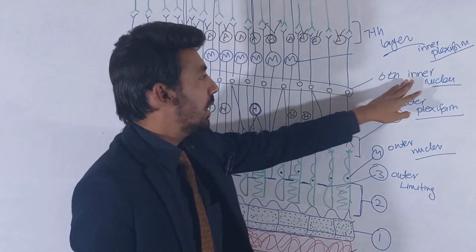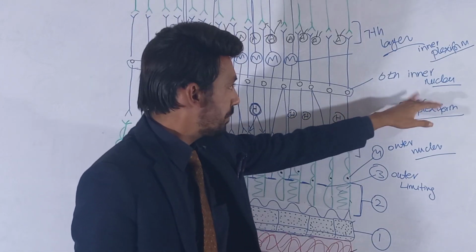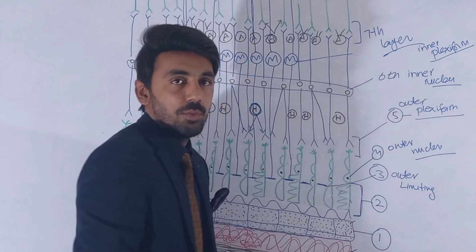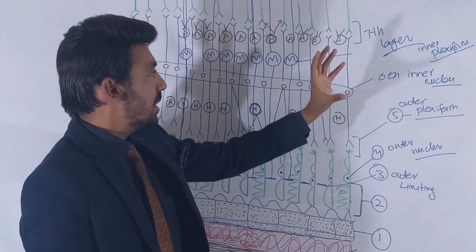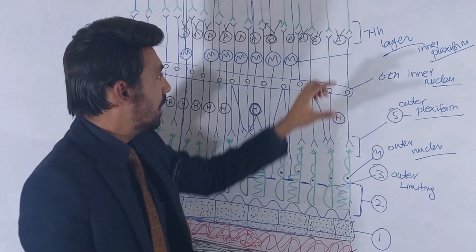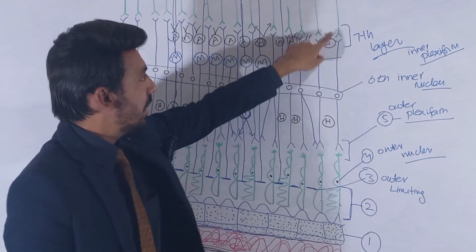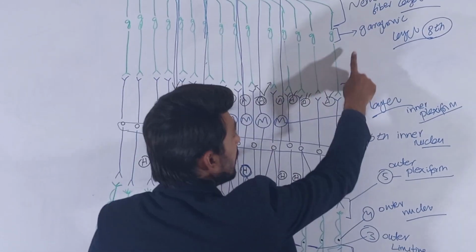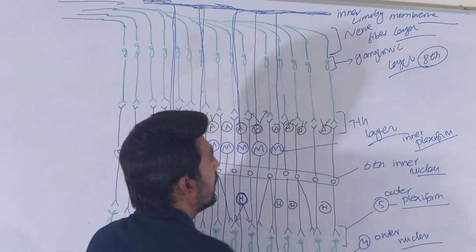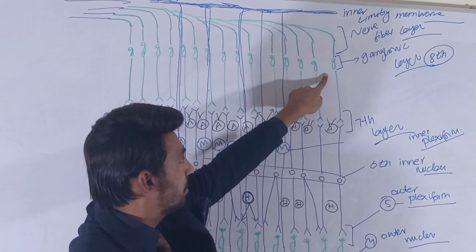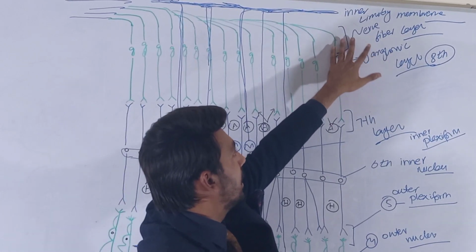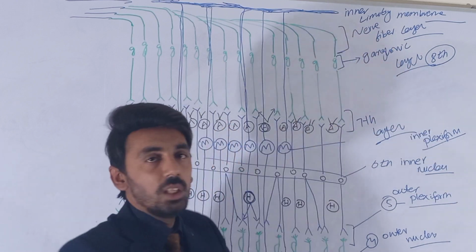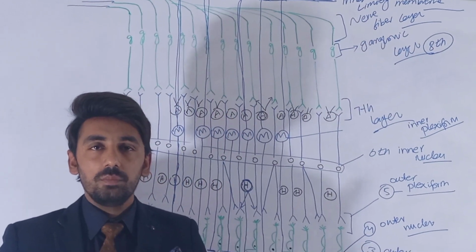The seventh layer is called the inner plexiform layer, which is the synaptic terminal interaction between the bipolar cells and the ganglionic cells. The eighth layer is called the ganglionic layer, the ninth one is called the nerve fiber layer, and the last is called the inner limiting membrane.